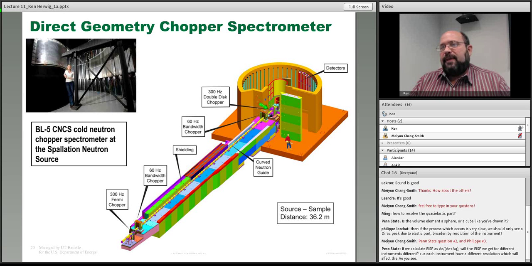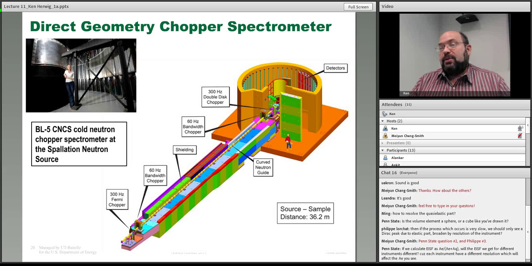They move very fast through the neutron beam, and they're synchronized with the pulse of neutrons generated at the beginning, so that the velocity of neutron that we want to choose is the one that's present at the location of this chopper when it's open. And typically these choppers will move through the neutron beam on the order of tens of microseconds to maybe 100 microseconds, creating a short burst of monochromatic neutrons, which then propagate to the sample.